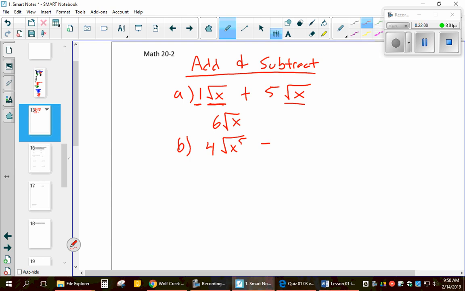Minus 3 square root of... no, that wouldn't work out. Here, sorry, I forgot to do that. Let's go 3 square root of 27x plus square root of 12x. Yeah, that'll work out there.